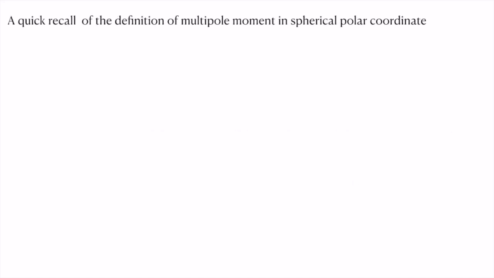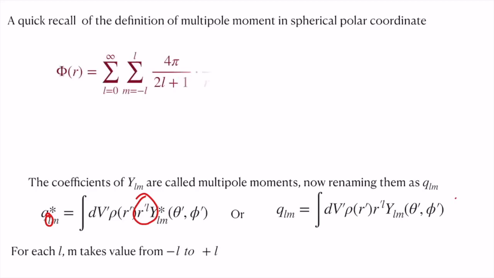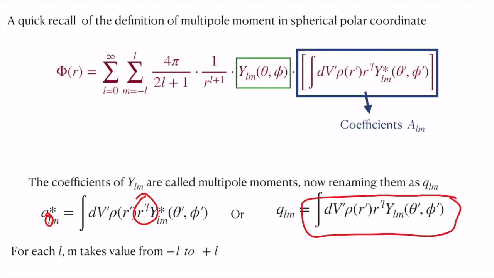So let's quickly recall the definition of multipole moments in the spherical coordinate, which we have done earlier. The Ylms are used for defining them as Qlm. They come as given in these equations. You have to note that the r power L for lm is a similar concept present in the Cartesian system too, and in principle we have a complex quantity because Ylms are complex.